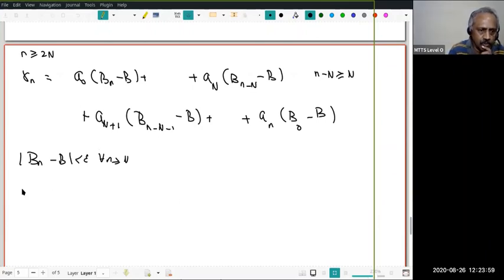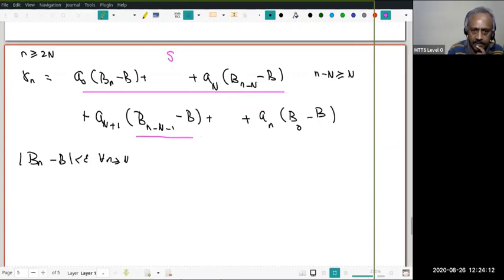Let me try to estimate these first N terms. Let us give a name so that we don't have to keep saying this: call the first N terms S, and the remaining terms T, all terms where the index for a starts from N plus 1 onwards.